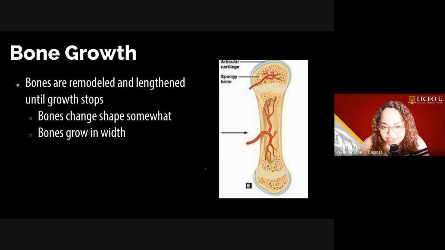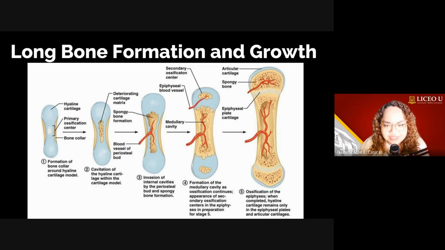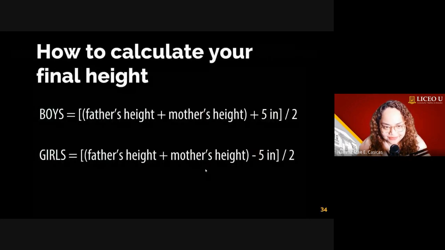Bones change shape somewhat with the help of your osteoclasts and osteocytes, and the bones grow in width. So this is the progression of ossification or long bone formation and growth. You can just read through this, you don't have to go through it one by one.